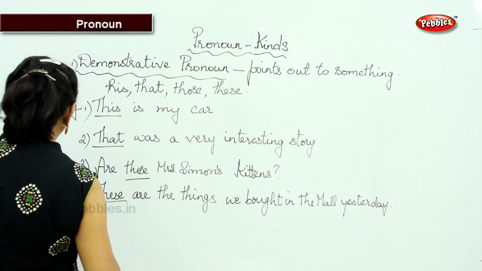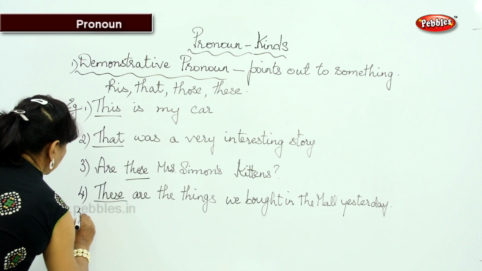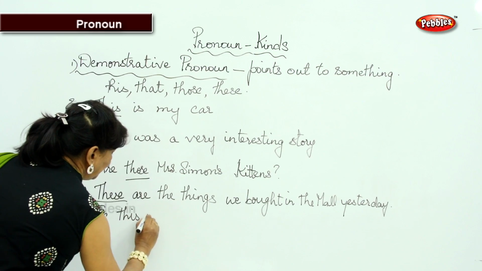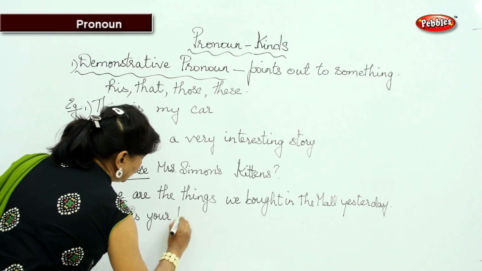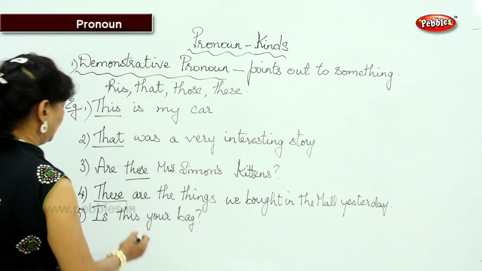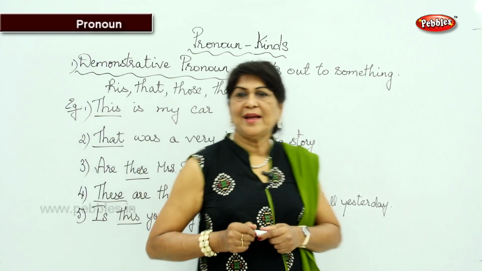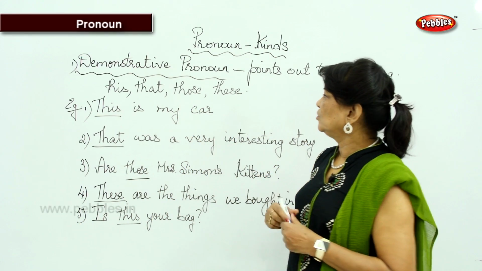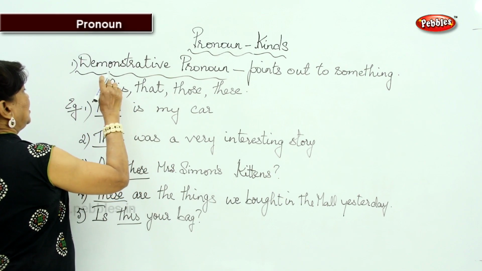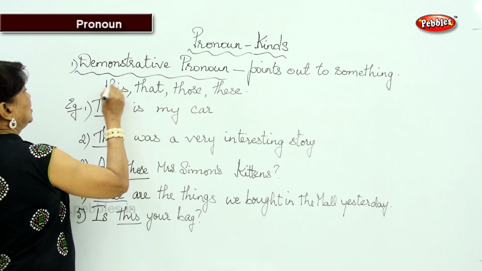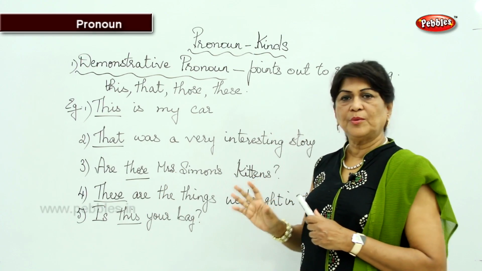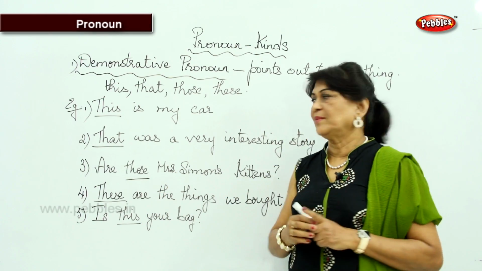And the next one, is this your bag? Now, if you see, we have this, that, those, these, and I have given you examples for everything. This, that, those, these. These are the demonstrative pronouns, and they point out something.